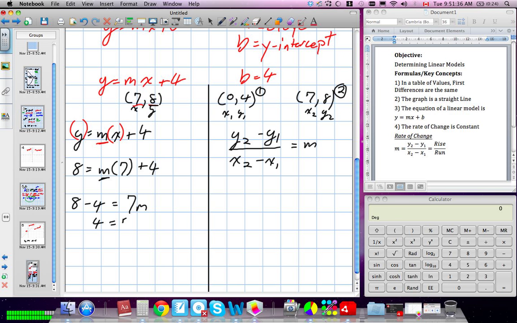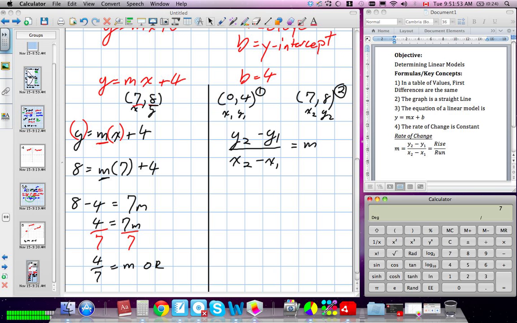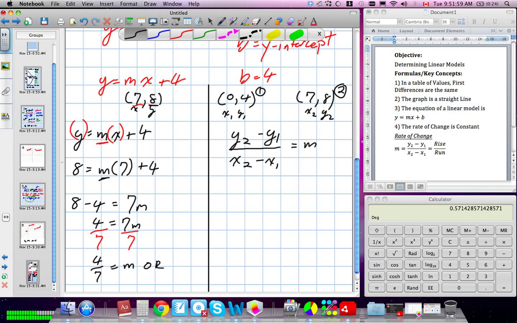To move that 7, I need to divide by 7 on both sides. So we end up with, sorry, 4 over 7 equals m, or 4 divided by 7, 0.57 we'll call it. 0.57 as our slope.